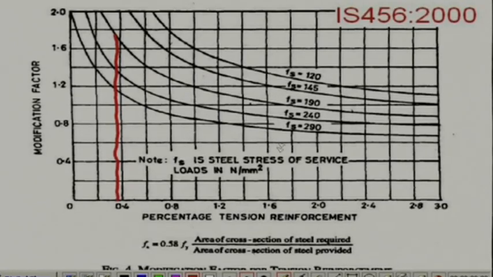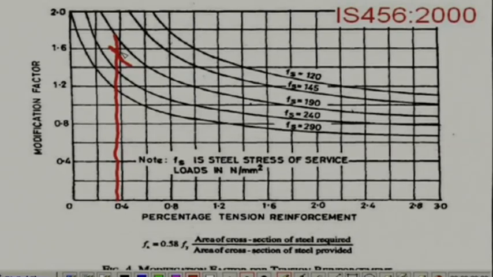Anyway, our case will be somewhere here, on this line, almost in the middle zone. The value I have computed here is 1.55, because it is 1.4.